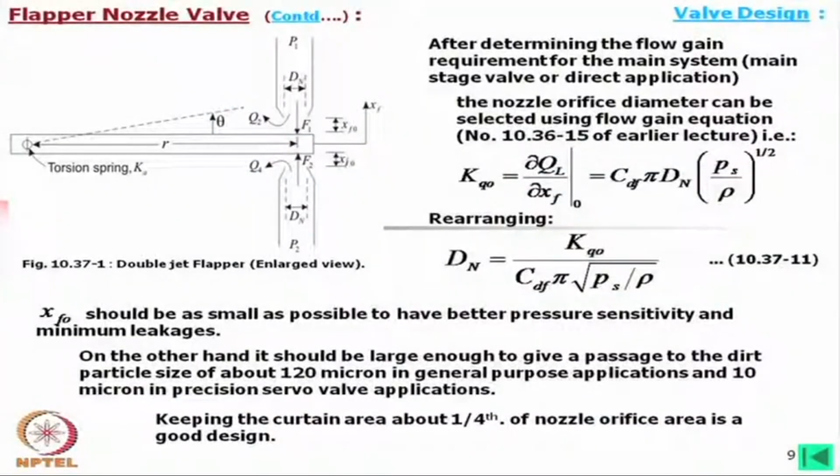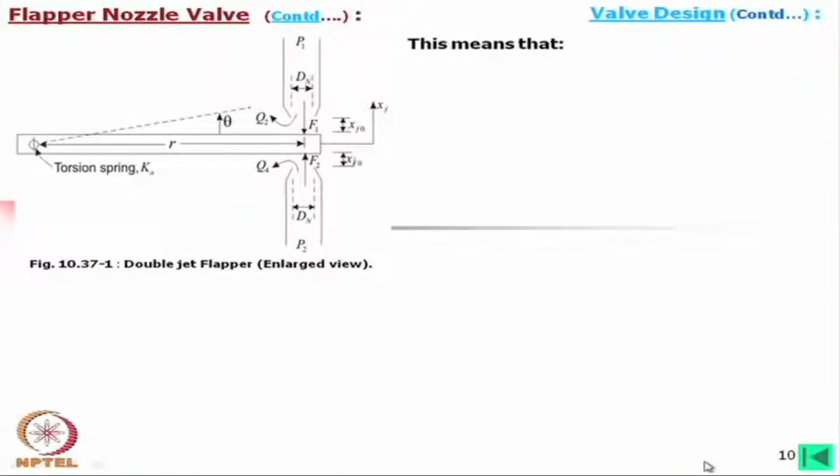Keeping the curtain area about 1/4 of the nozzle orifice area is a good design. So, this is just what we are considering in the valve design. This value is from experience; if we maintain such relations, then the valve design will be better.